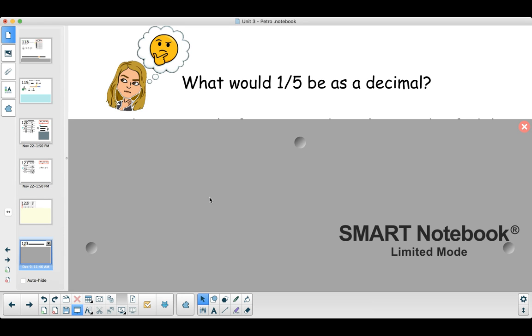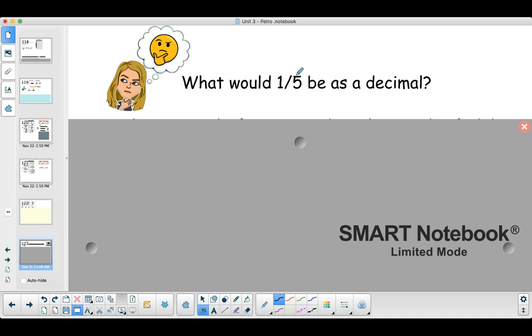What would 1/5 be as a decimal? I'm taking a look at this fraction, and the first thing that I notice is that the denominator is 5. At the beginning of the lesson, we said that fractions with denominators that are multiples of 10, meaning 10, 100, 1,000, and 10,000, can be written as decimals. Now, this fraction has a 5 in the denominator.